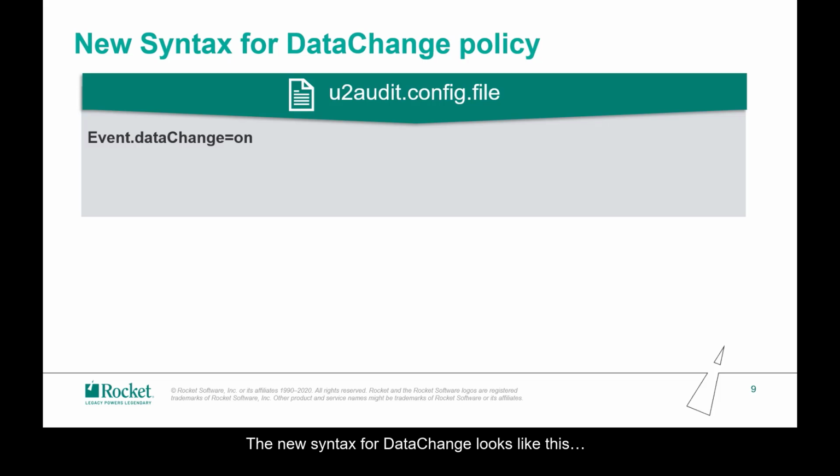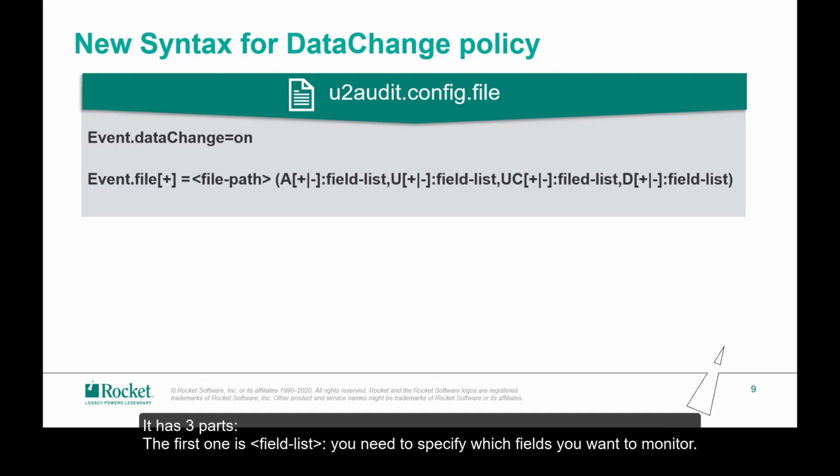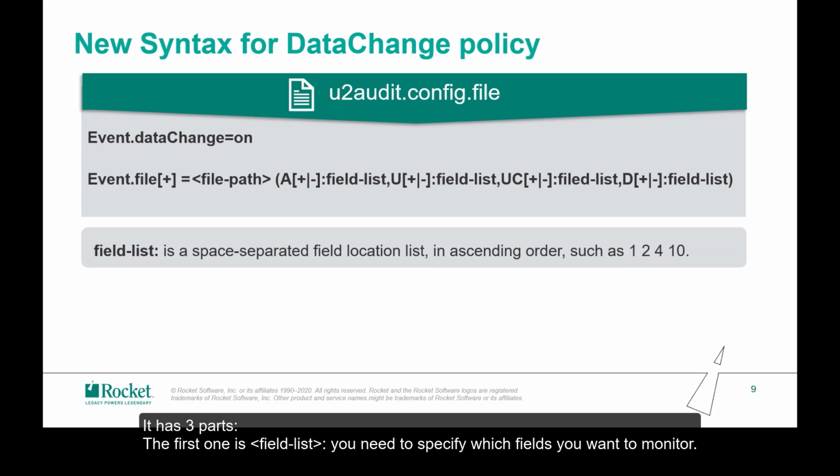The new syntax for this feature looks like this. This is a file, and the new syntax needs to be added after the event file. It has three parts. The first one is the field list. You need to specify which fields you want to monitor.